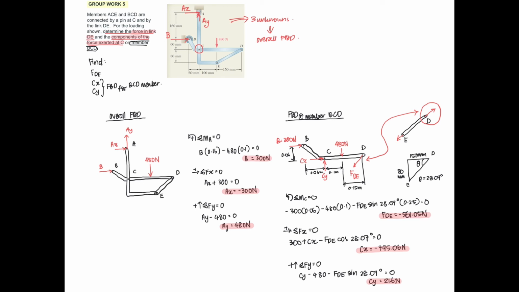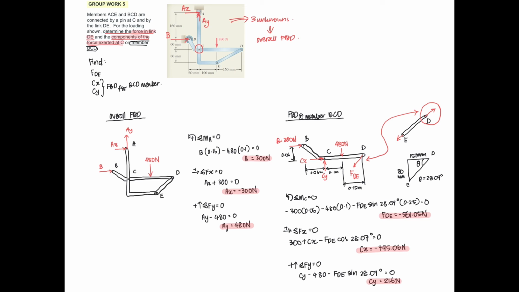So for the answer, it doesn't matter whether you get the positive value or negative value. It depends on your direction assumption. For example, Cx, I take Cx to the right side and Cy to the upper direction.